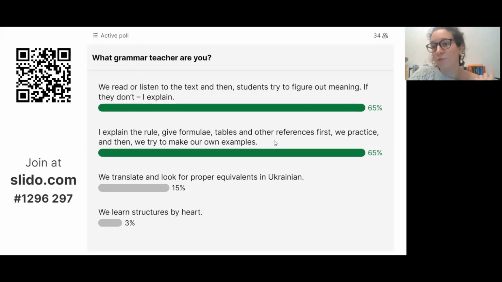First, they try to figure it out on their own, and then we give them all the references needed, after which they practice more, knowing their own discovery, and comparing it to the existing rule. And then we practice, and then we can make our own examples and come back to the context from which we learned this rule, right?